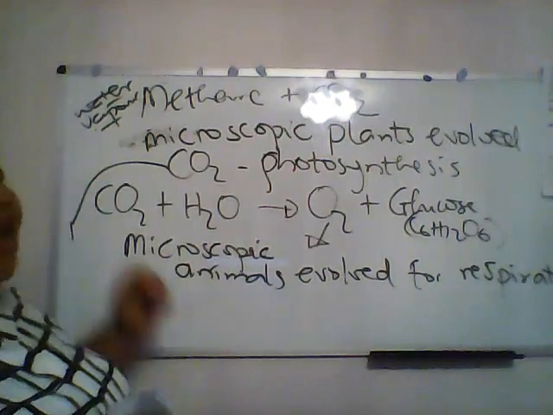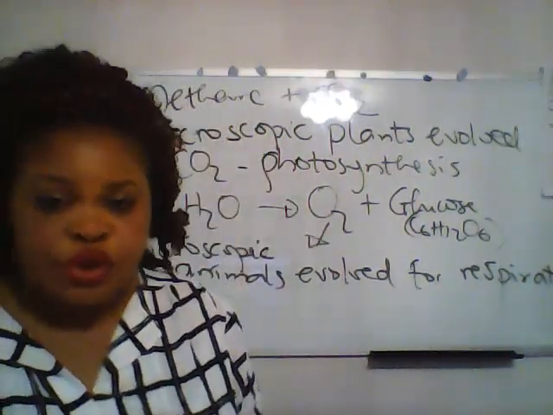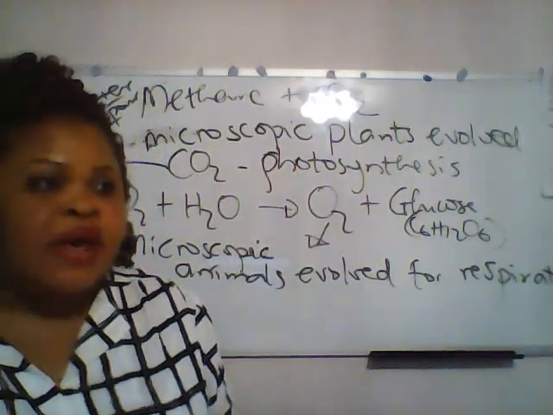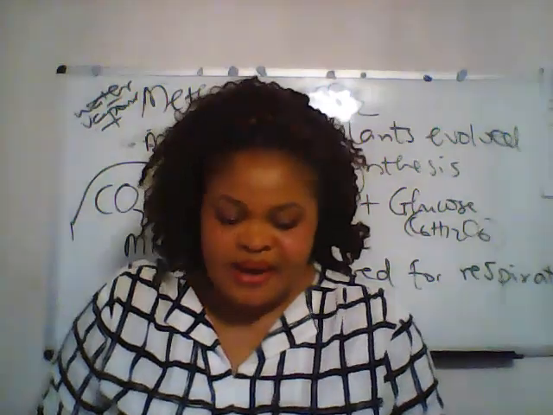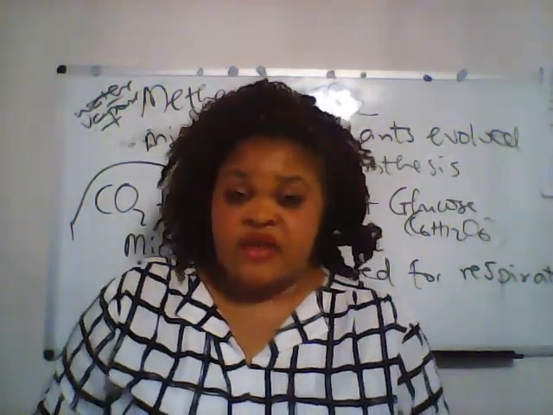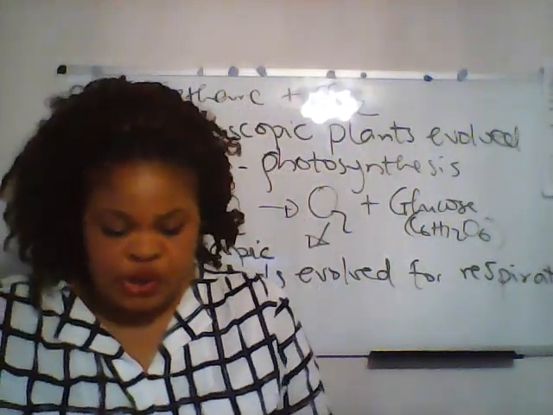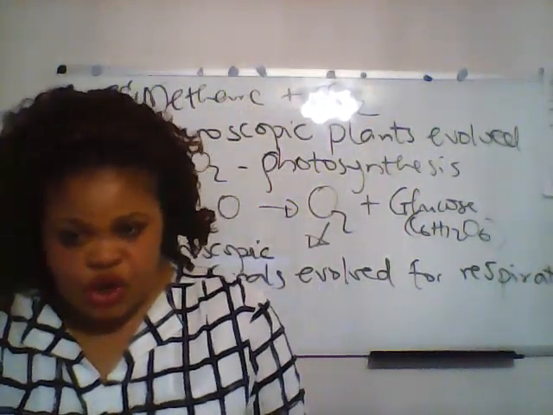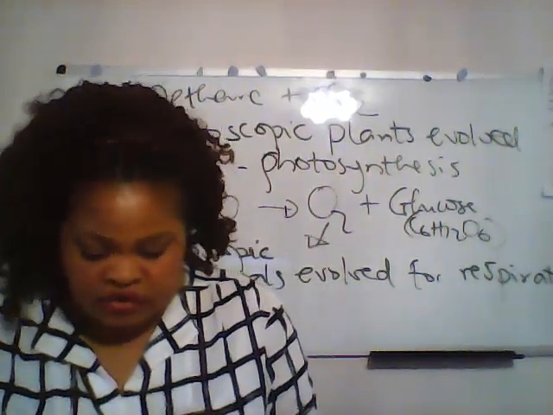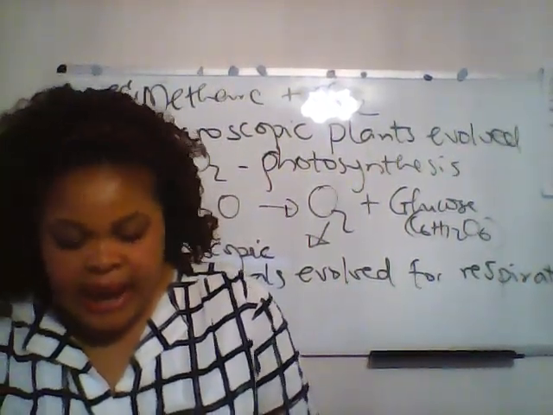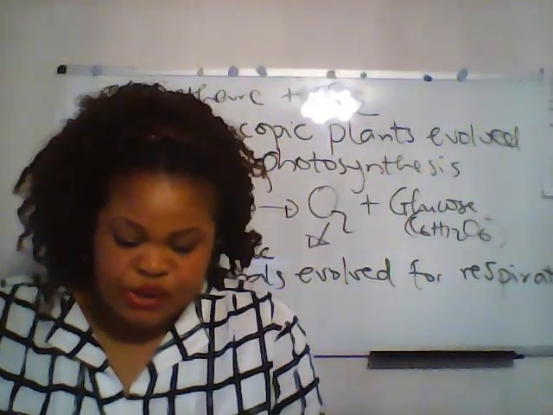The CO2 dissolved in the oceans, and animals and plants that were in the ocean, when they died, the CO2 that was in their body and the one that was locked away in the ocean, they eventually formed crude oil or fossil fuels. And when you burn fossil fuels, you release the carbon that's locked into them.